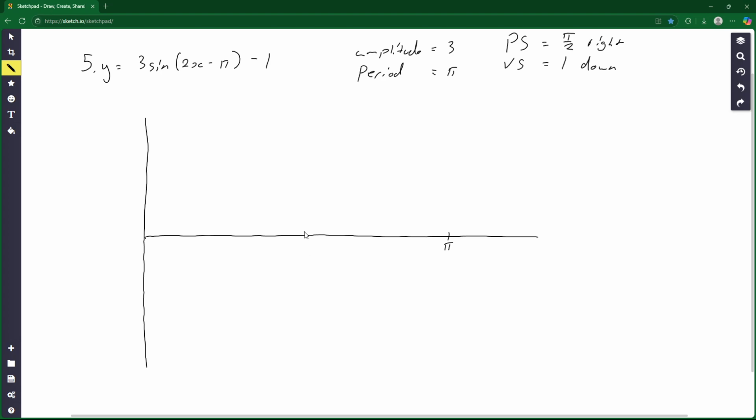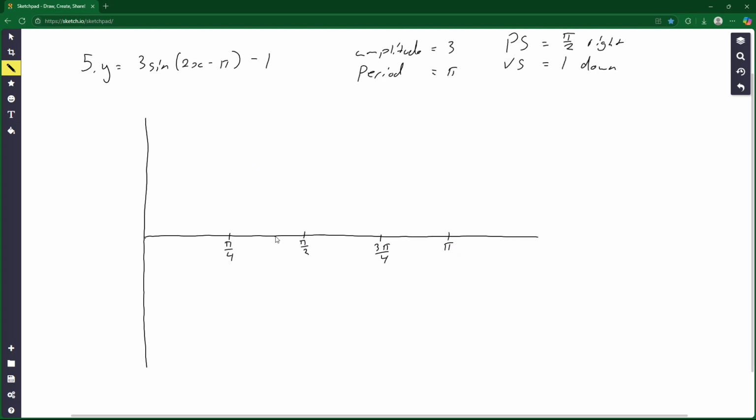So we have pi over 2, pi over 4, 3 pi over 4, and these are going to be our base points. It's going to go up at pi over 4, intercept at pi over 2, go down at 3 pi over 4, and then up to pi.